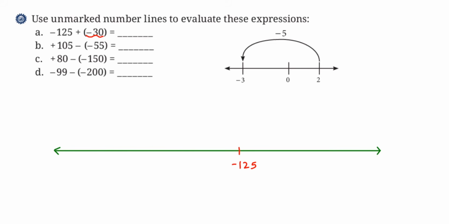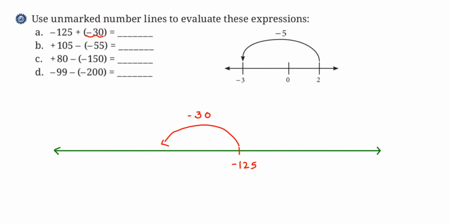Whenever you're adding a number which is negative, this means you're going to the left side of the number line. If you're adding a number which is positive, which means you're going to the right side. So here you're going 30 units to the left side, it's minus 30.